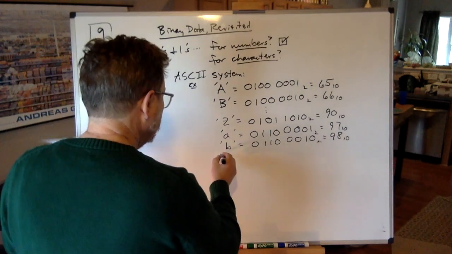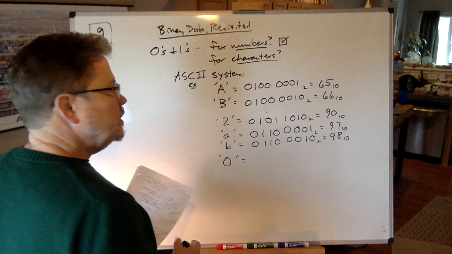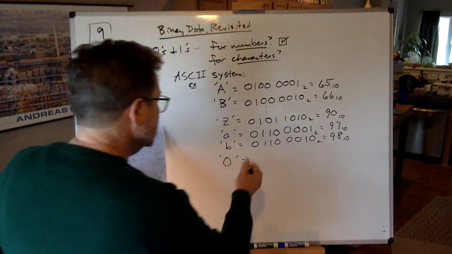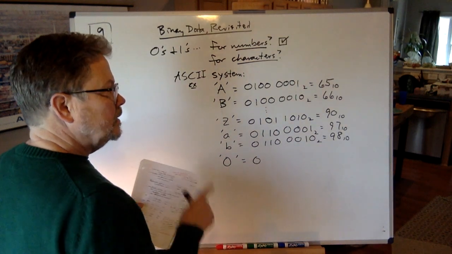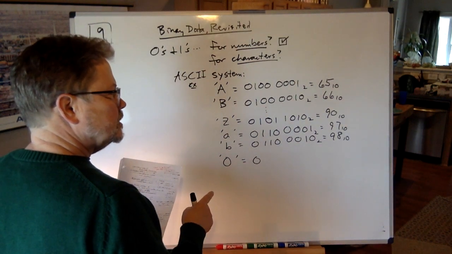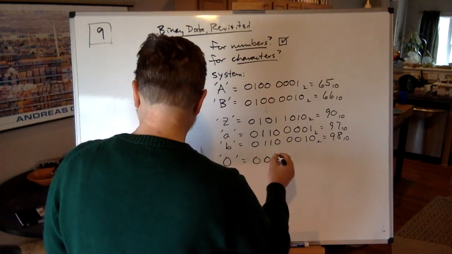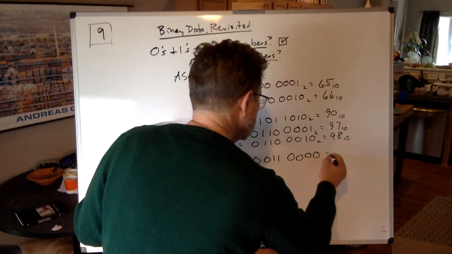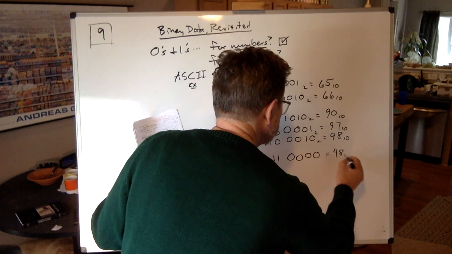Some digits, though. How about 0? Well, hang on a second. 0 is just a single bit 0, isn't it? No, it has its own code. This is character 0. When I put it in quotes like that, that becomes a picture of a 0, not a real 0 anymore. That's 0, 0, 1, 1, 0, 0, 0, 0, which is equal to 48 in base 10.